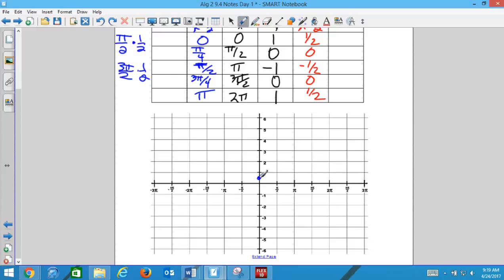It's going to be exactly in the middle, so you have to think about that. So it's at pi over 4 at 0. And then pi over 2 is negative 1/2. And then 3 pi over 4 I don't have, but that's exactly in the middle. And then at pi, it's at positive 1/2. So this is one cycle. But you have to continue that cycle.